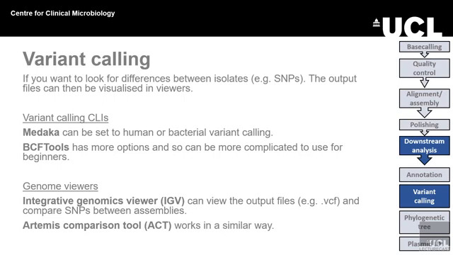Medaka, I've used Medaka and that seems to work quite nicely, and you can use human or bacterial calling. Or there's also a program called BCFtools, which has more options and is a little bit more complicated. I certainly found Medaka was easier to understand than BCFtools, but you might find that one is more appropriate to what you want to do. And again, there are plenty of others as well.